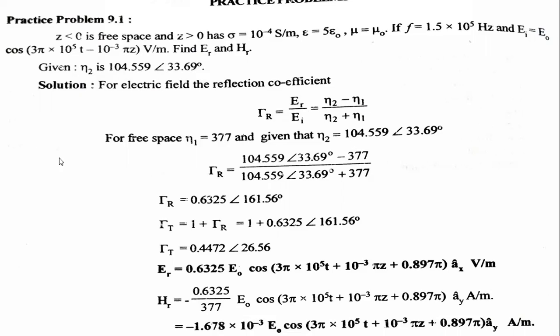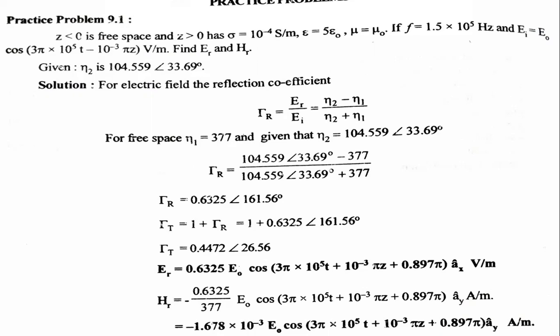So what is eta 1? For free space, eta 1 is the intrinsic impedance constant value, which is 377. That is 120 pi, which you can also take as 377. So this is eta 1. Similarly, eta 2 is given as 104.559 angle of 33.69.